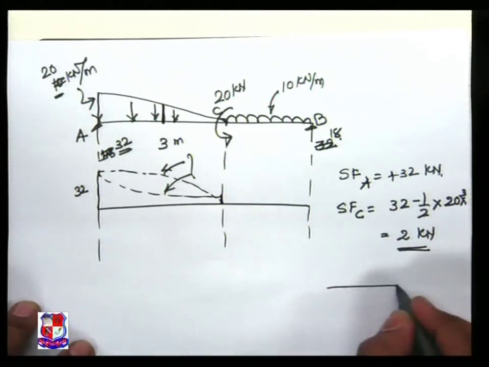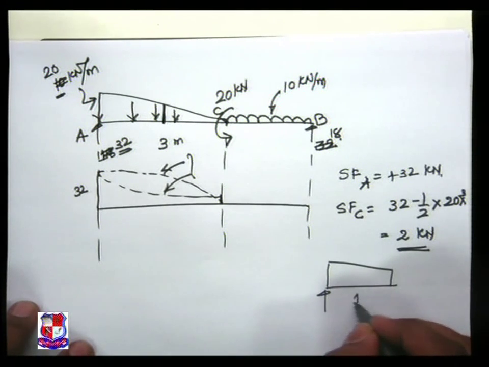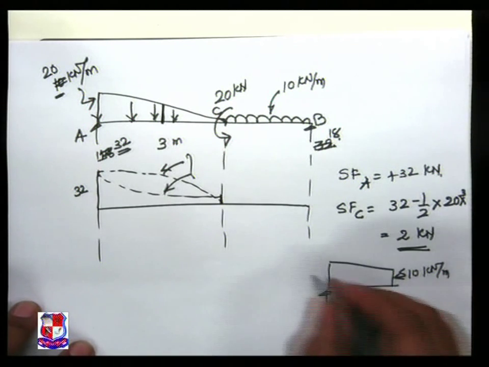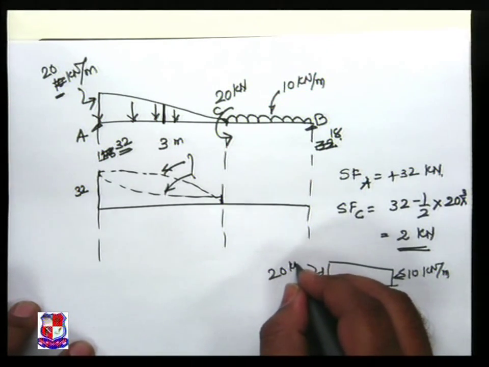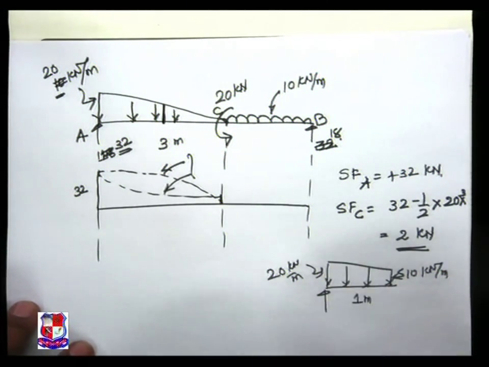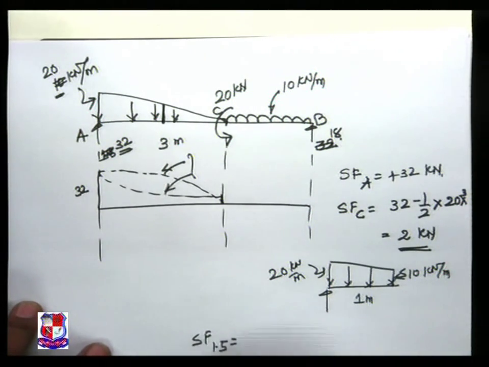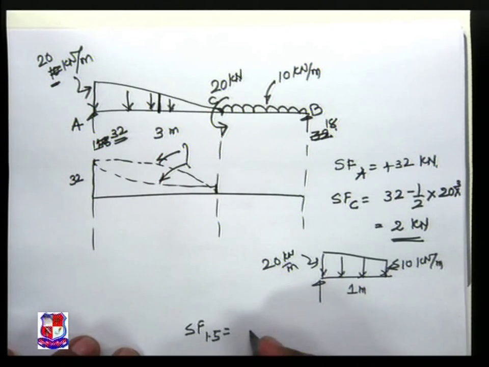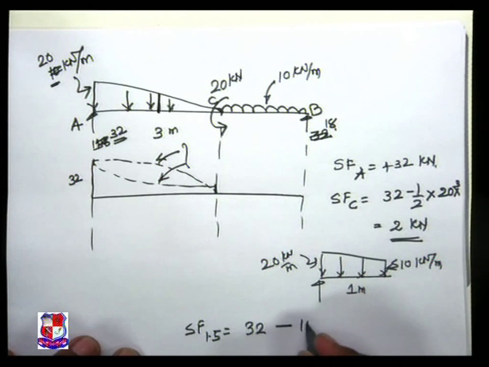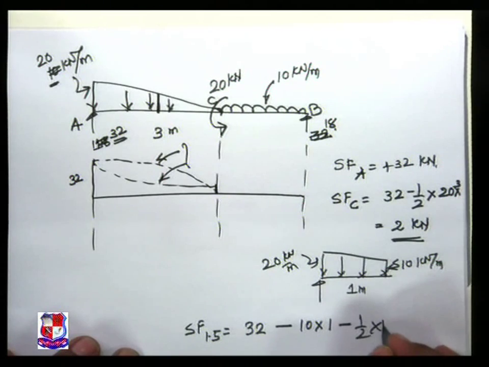So for that I have to take this 1 meter, 10 kilonewton per meter, 20 kilonewton per meter, and my shear force at 1.5 is equal to 32 minus 10 into 1 minus half into 10 into 1.